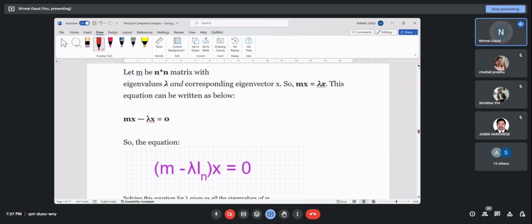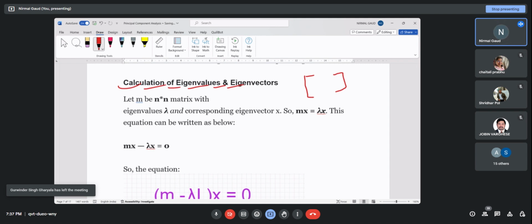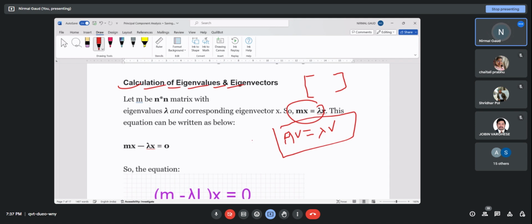Whatever the steps for eigenvalue and eigenvector calculation we performed, first thing is you should have a square matrix. So here we are taking a covariance matrix, which is a square matrix. Then corresponding to this, we put into this formula Av equal to lambda v. This is your formula for eigenvalue and eigenvector.